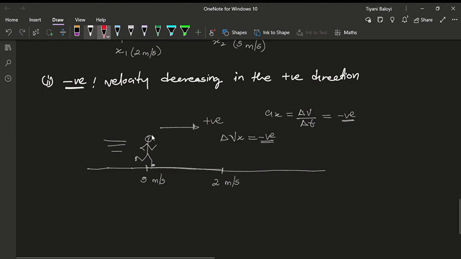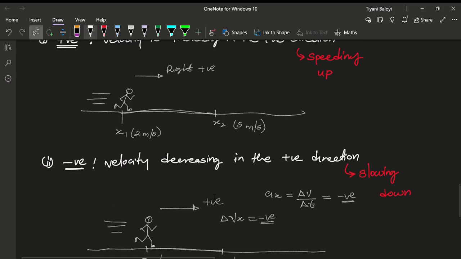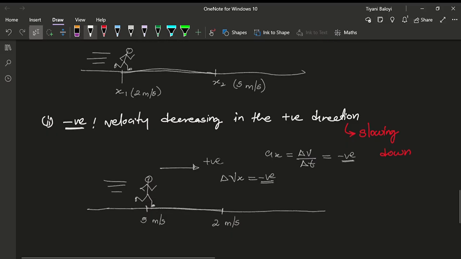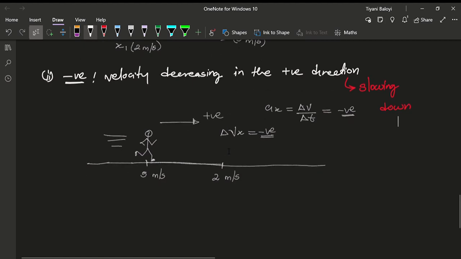The object, the person, the vehicle, the rock, the pendulum, the box, anything in motion is slowing down. This is what we mean when we say you have a negative acceleration. The change in velocity is reducing, so you have a velocity that's decreasing in the positive direction.